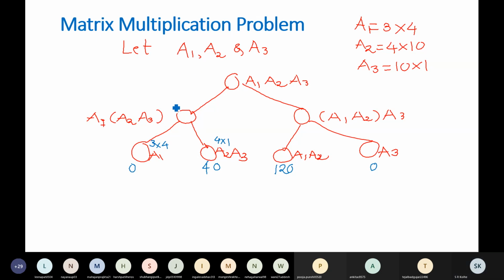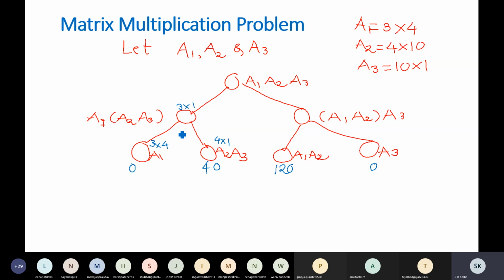And what cost will be associated with this? 12. How did you get the 12? 3 into 4 into 1.